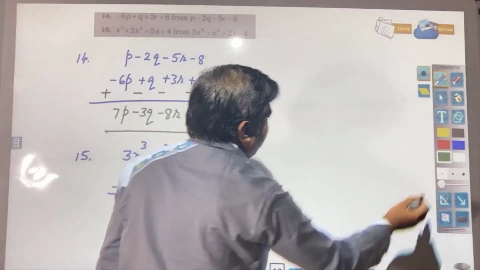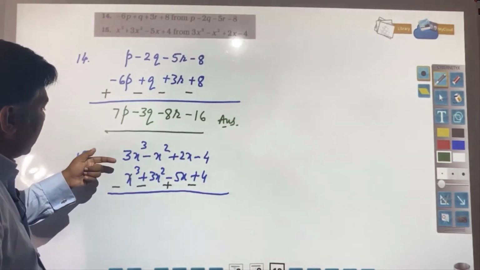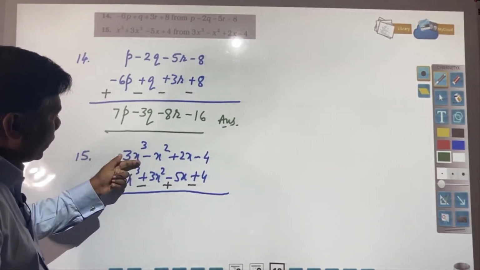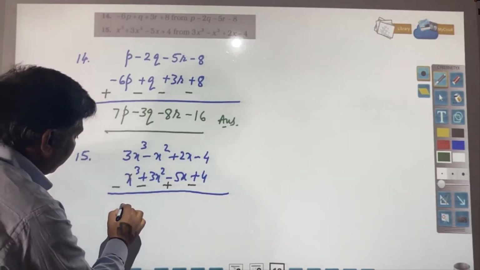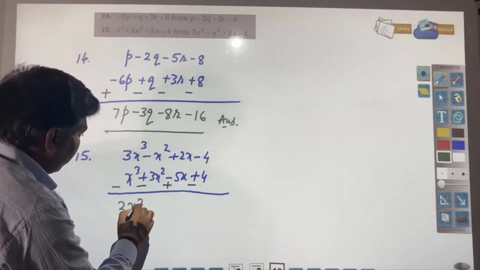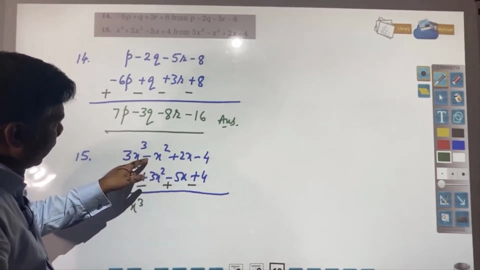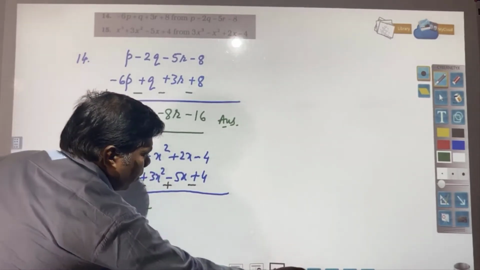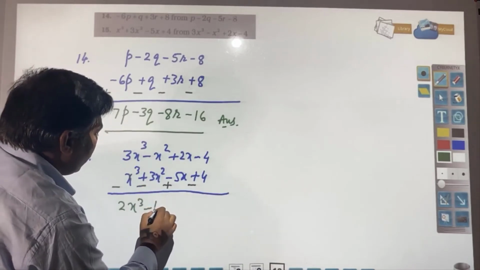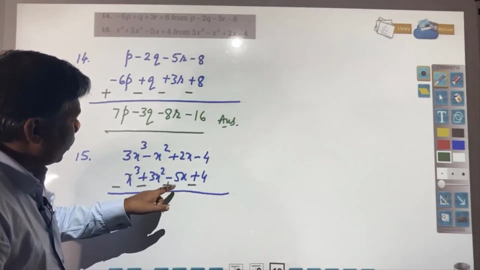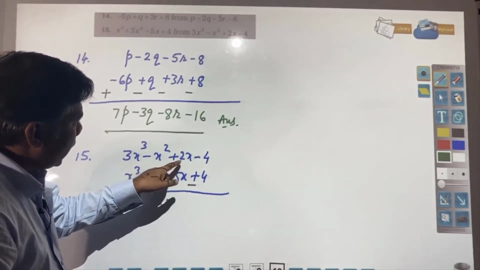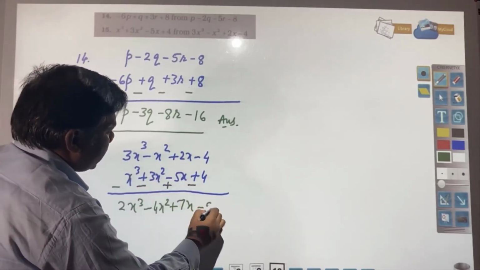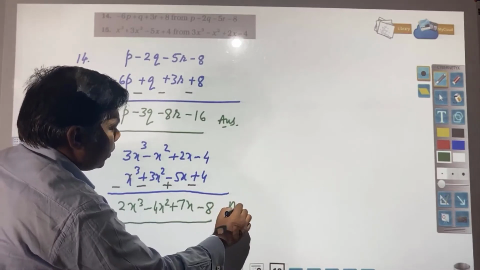Then you subtract the number. So 3 minus x cube and plus 3x cube, it will become 2x cube. Minus 3x square and minus x square will become minus 4x square. This will be 5x and 2x will become 7x, and this will be minus 8, and this will be your answer.